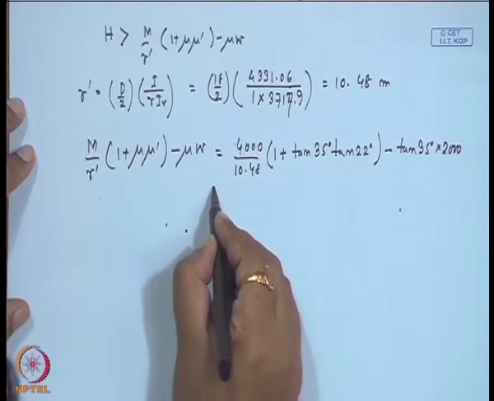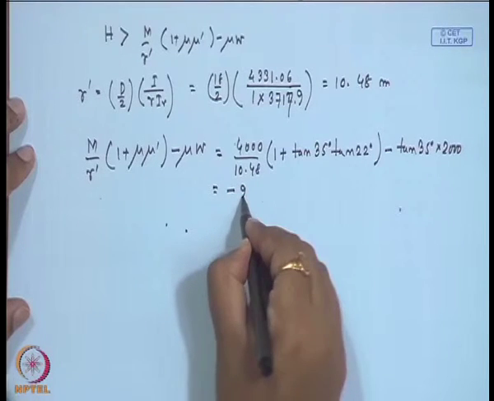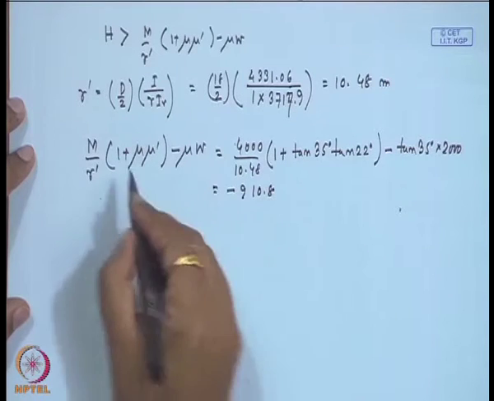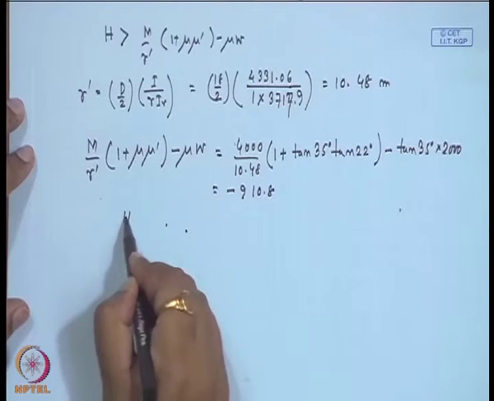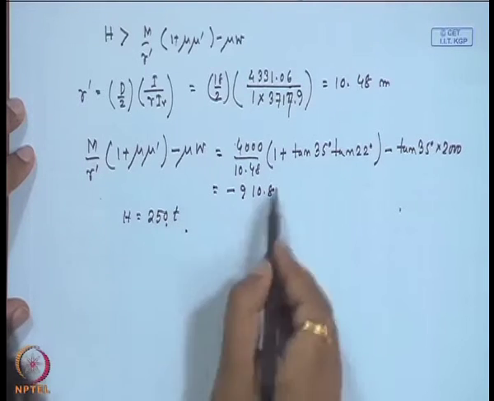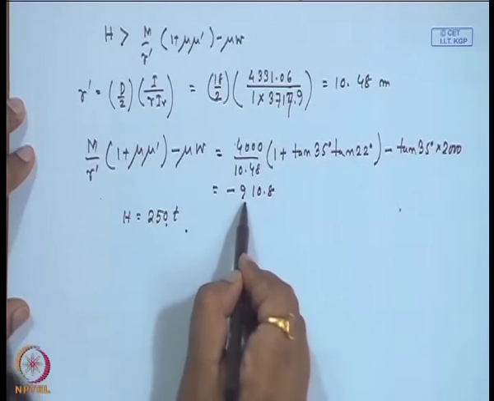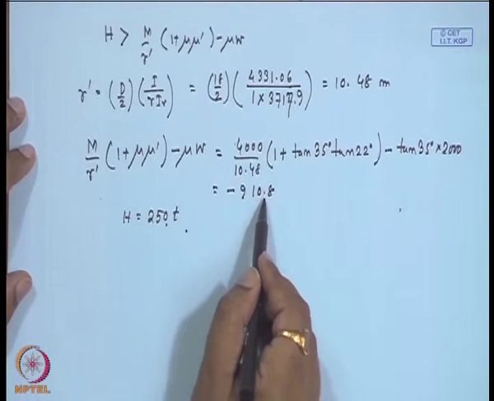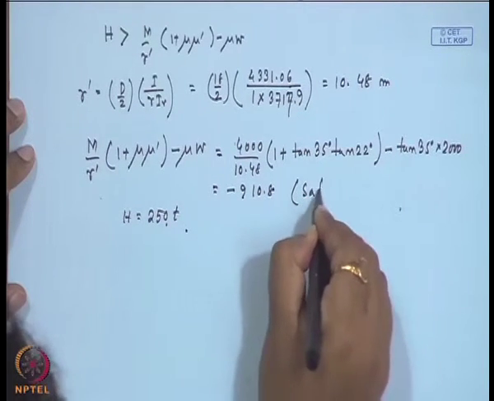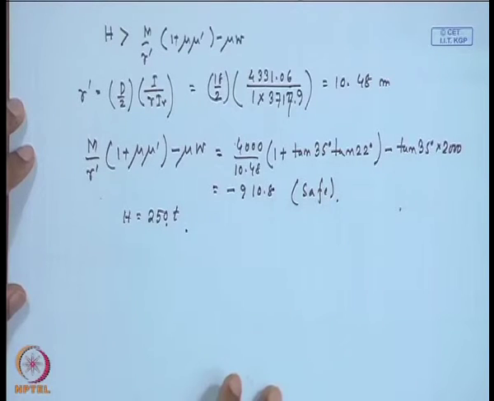So, this value is coming out to be minus 1910.8. The H value is 250 ton, which is greater than this minus 1910.8. So, we can say it is safe.